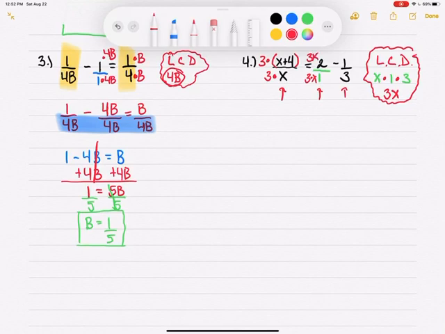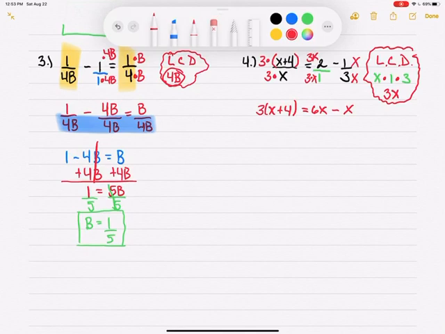And then I'm going to multiply 3 by x and 1 by x. So I'm going to get 3 times x plus 4 equals 3x times 2 is 6x. And then I have negative 1 times x is negative 1x. You don't really need the 1 there. I just wrote it to show you, and I'm going to erase it now.